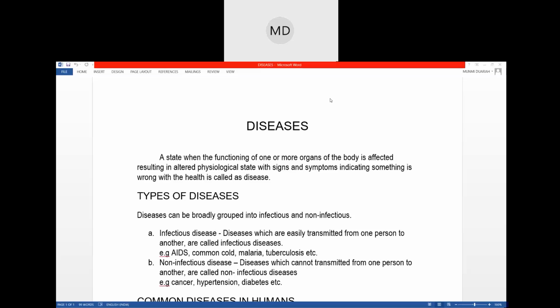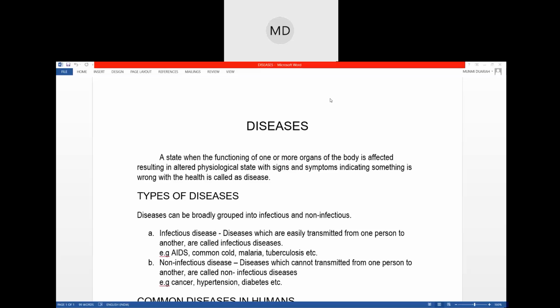Eye is an organ. Then there are diseases related to the stomach, like ulcers.